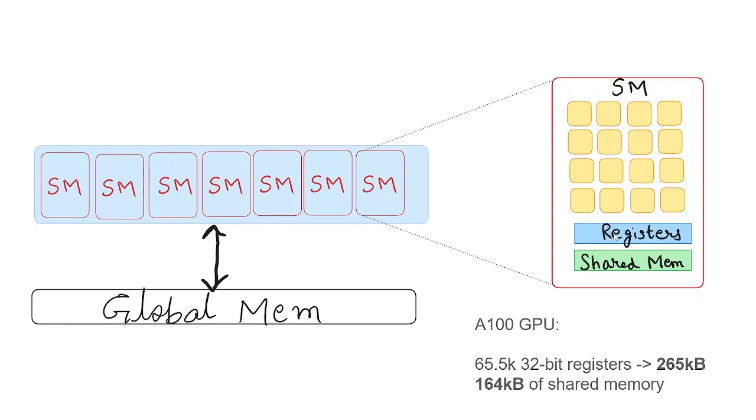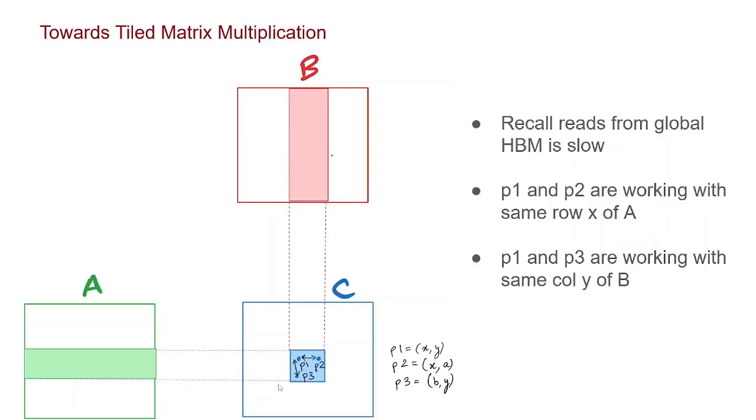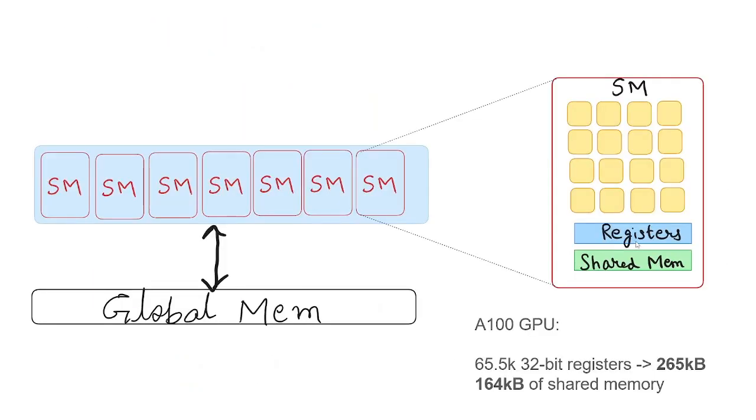So now, with the knowledge that the GPU provides us shared memory, what can we do? We can think of loading this entire region of A and entire region of B in the shared memory, and then the threads in the block can act upon them. Now, one thing I forgot to tell you is that both registers and shared memory are super fast.